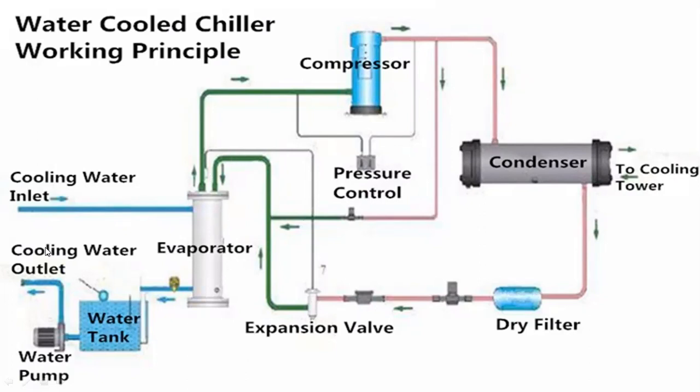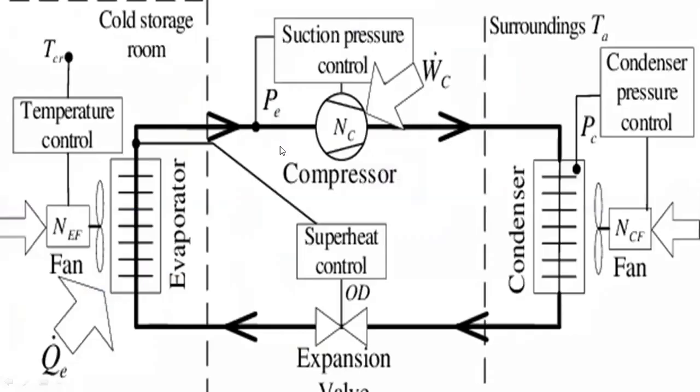At the evaporator, you have the cooling water coming in and going out through the water pump. Cooling water from the cooling tower comes inside, and hot, warm water goes back up. So this is the water cycle working principle in another way.